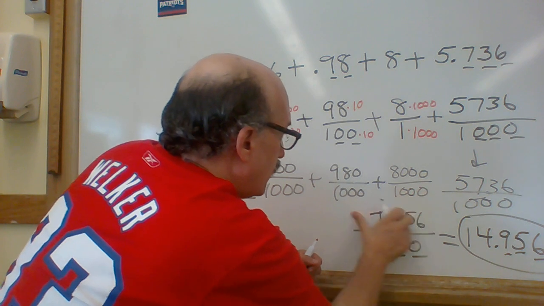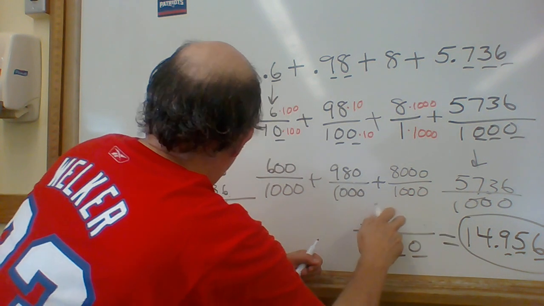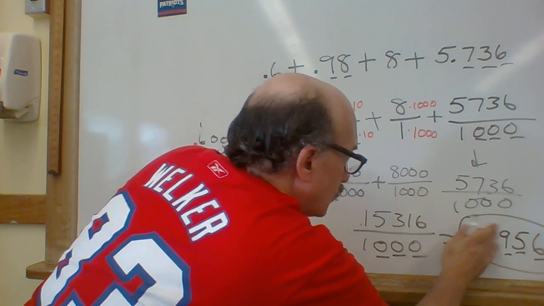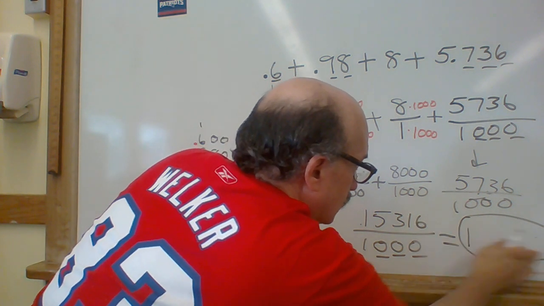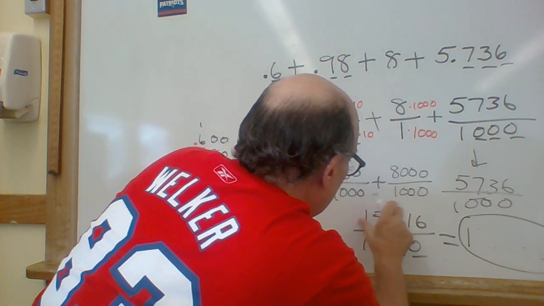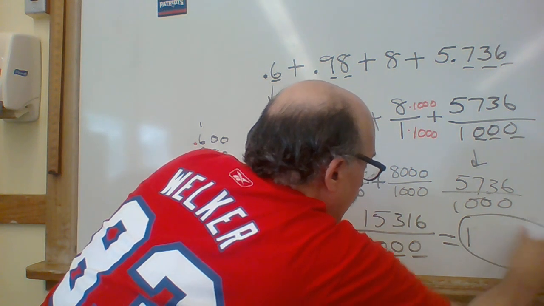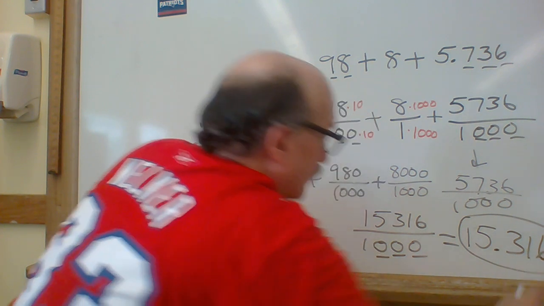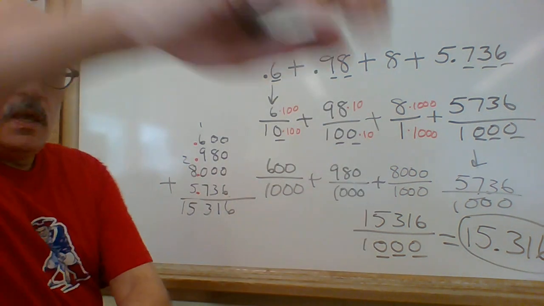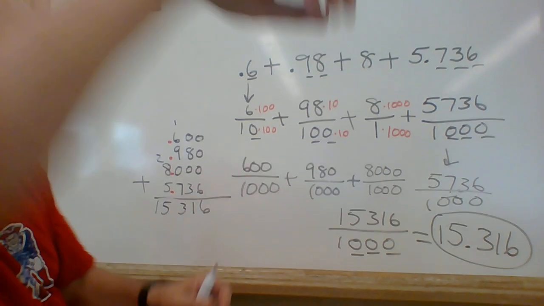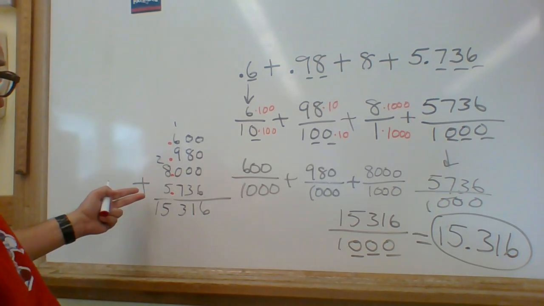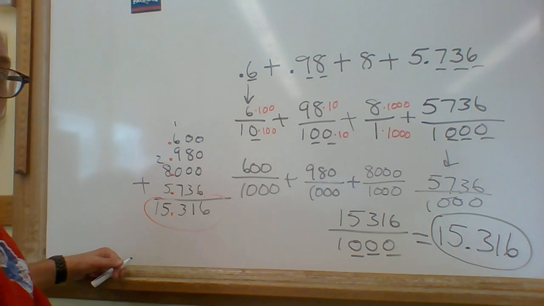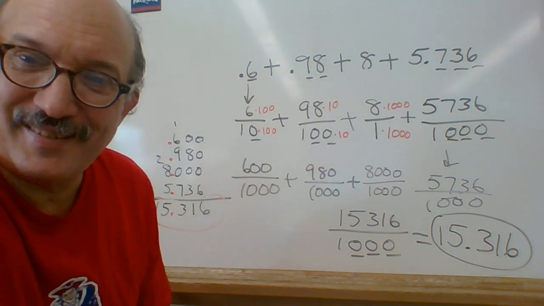So this number over here should have been 15,316, which of course changes the decimal answer as well to 15.316. Sorry about that. But getting back to this here, now we just bring the decimal point straight down. And there's the same answer.